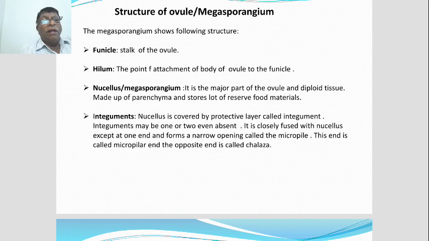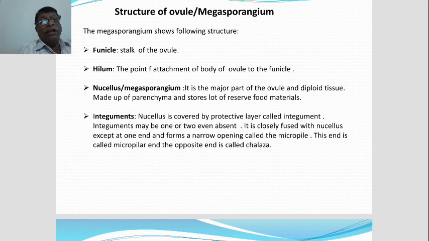Nucellus is the major part of the ovule when the ovule is young, and it is the diploid tissue. The cells store lot of reserve food materials because the tissue is parenchyma. So, megasporangium contains lot of reserve food materials.